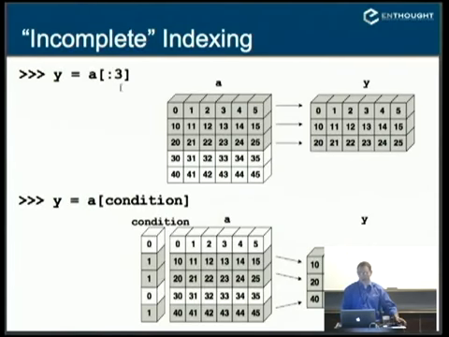It turns out you can use these. We've already seen if I do :3, or I talked about it, I could index a row with just 1 if it was a 2D, and that would give me the index 1 row out of that 2D array. Slices work the same way. :3 will only give me the first 3 of these, all the first 3 rows.